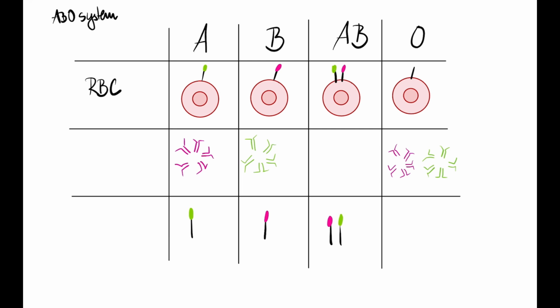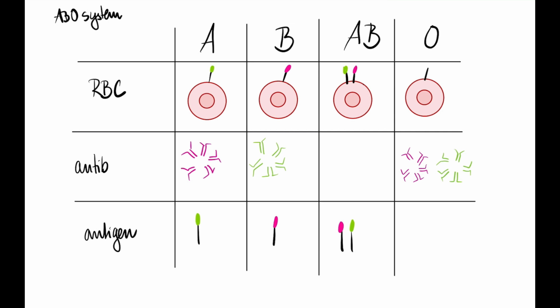Now, we have covered the antigens. And also, if you have a certain antigen on your red blood cell, you have to have antibodies circulating in your blood as well. So you also have some antibodies. These antibodies are crucial when we are talking about blood transfusions. Why? Well, because, for example, blood group A has specific antibodies, and they are called anti-B. Why anti-B?